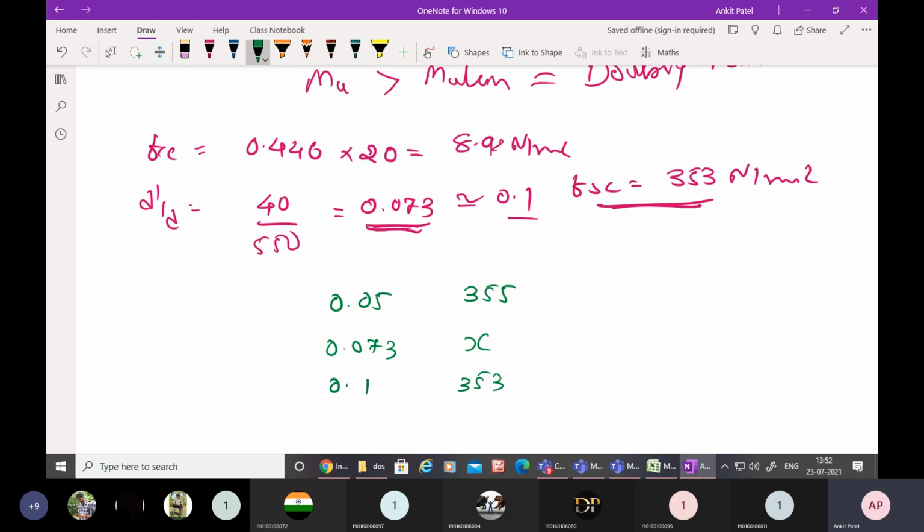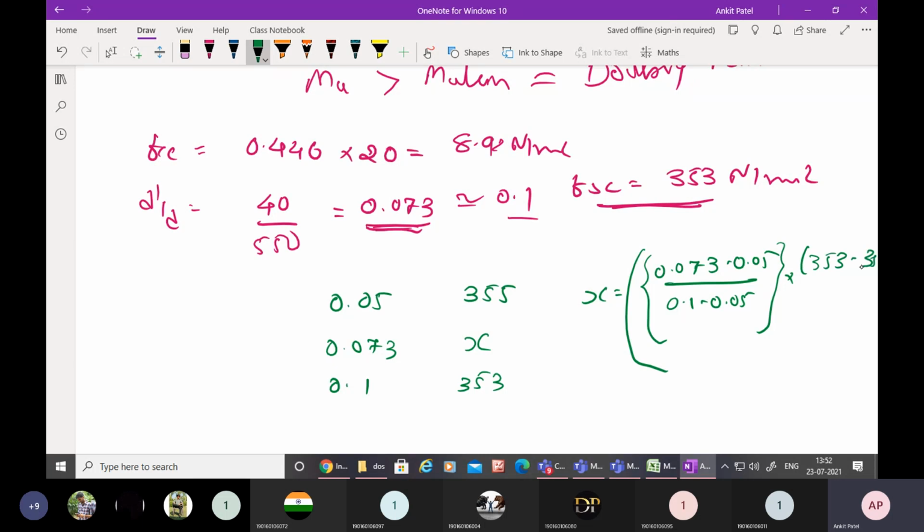So what we need to do is X is equal to, first of all, 0.073 minus 0.05 divided by 0.1 minus 0.05, this into 353 minus 355, this is a minus, so this whole bracket, and plus 355.